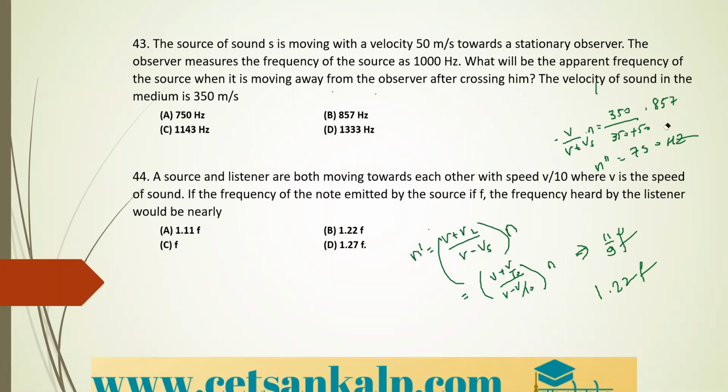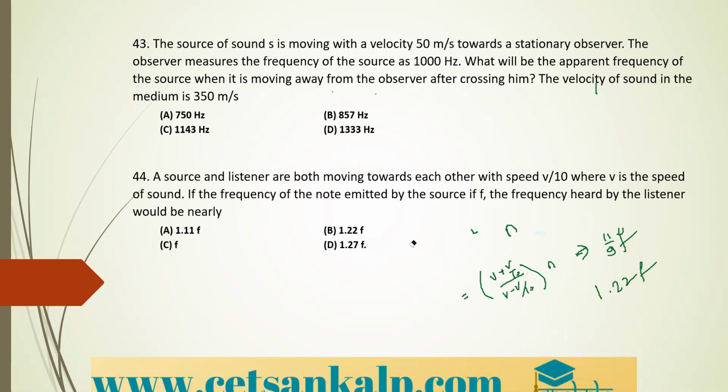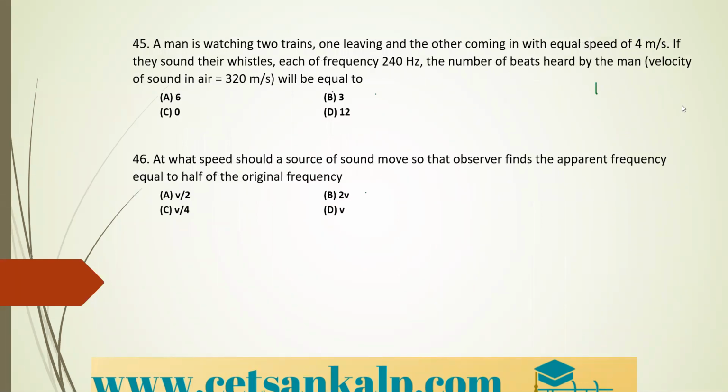Okay. Then let us see the last questions of the waves chapter. The next question is, a man is watching two trains, one leaving and the other coming in with equal speed of 4 meter per second.